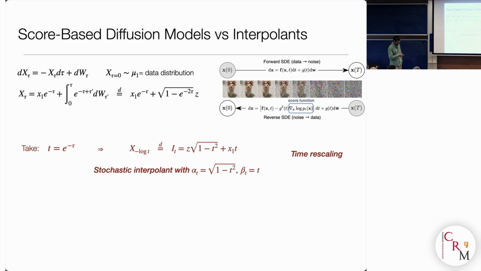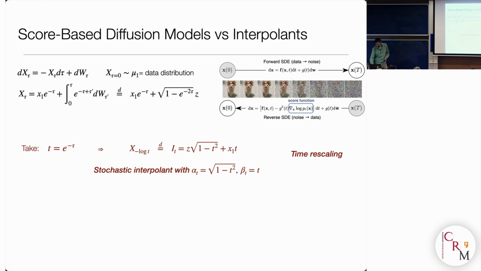Now, realize that this process here takes data to noise in infinite time, but you can reverse time and compactify it by making this little transformation here. And then if you declare that this x of minus log t to be your interpolant, well, that's a stochastic interpolant. Okay? So you recover the formula of stochastic interpolant.